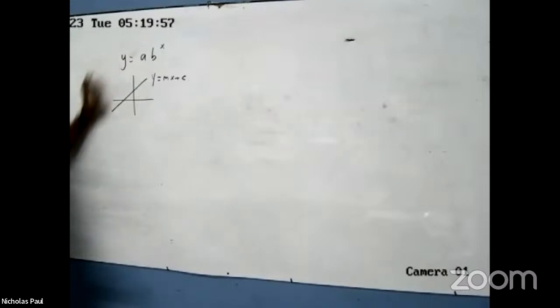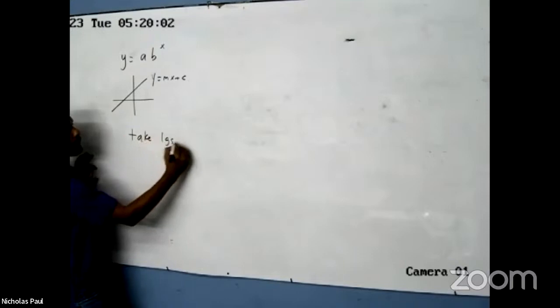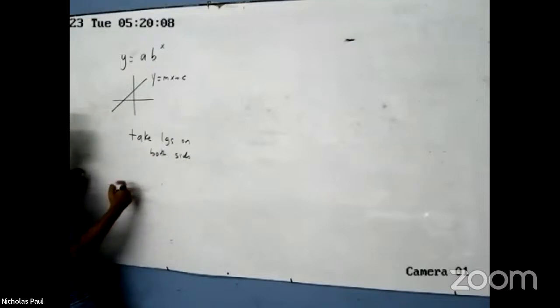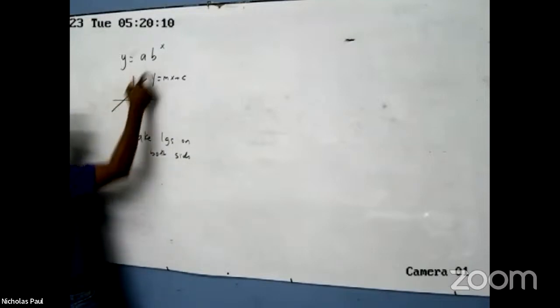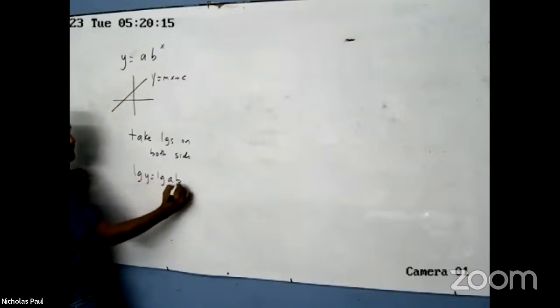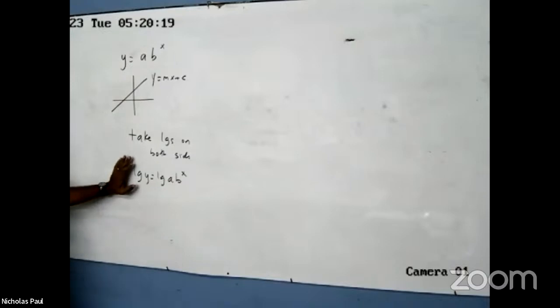So to linearize, what you do is you take logs on both sides. Sometimes it's hard to draw this, but I can't do a drawing exam today. So you take log y is equal to log of ab to the x. As I said earlier, please go online and use the videos as well.